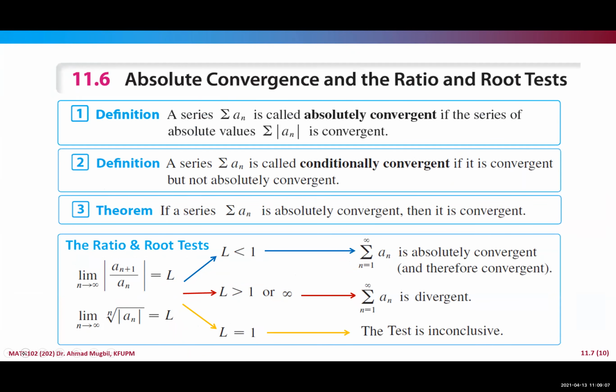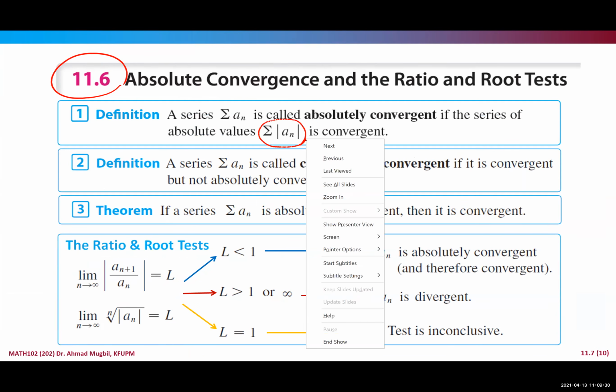The last section that we had, guys, was 11.6. I'm just trying now to refresh your memory. Please pay attention. This section is about absolute convergence and conditional convergence. Now here, when you have a series that might be with positive terms or negative terms or whatever, you need to look at the series of the absolute values.